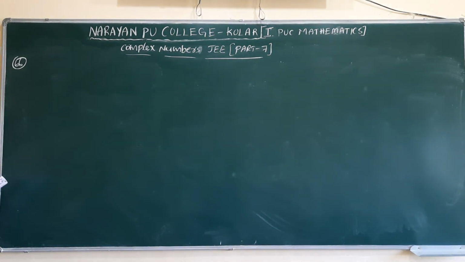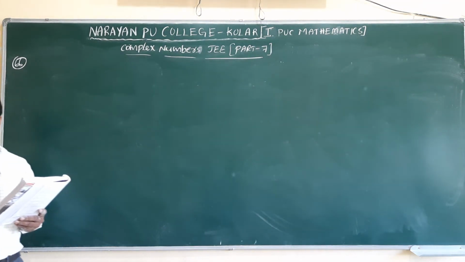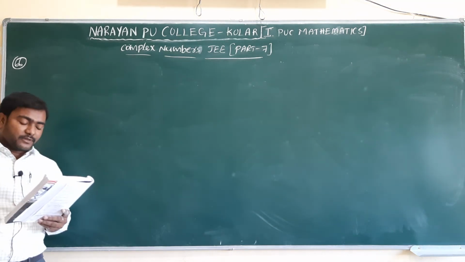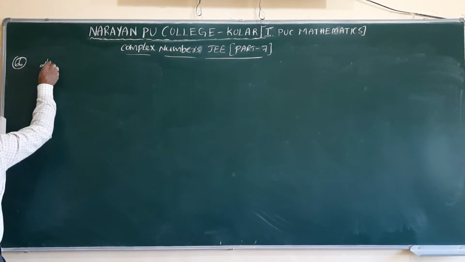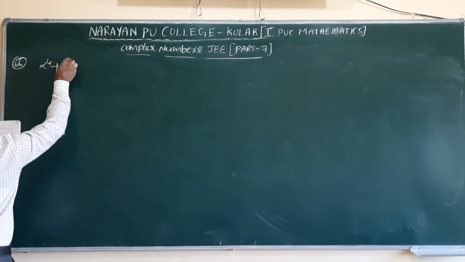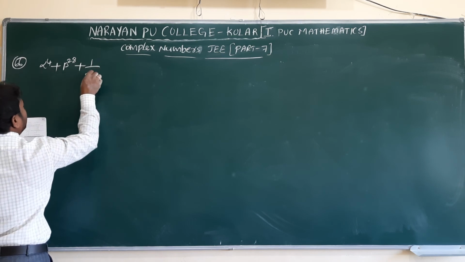Next question, number 66. Alpha and beta are the imaginary cube roots of unity. Then find the value of alpha power 4 plus beta power 28 plus 1 divided by alpha into beta.